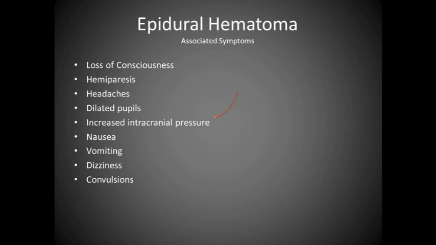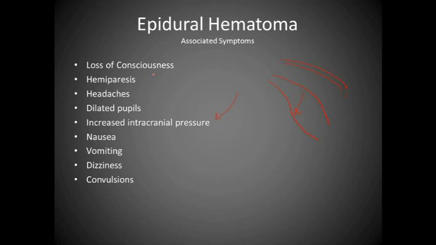The increased intracranial pressure is pretty much self-explanatory because you have the cranium being here, and the dura mater should be up next to the cranium. But if you've got blood that is pooling into this area, then you may have this space here, and so that's going to thereby increase the pressure on the brain and cause many different things like consciousness changes, difficulties doing many things, or having severe headaches, things like this.